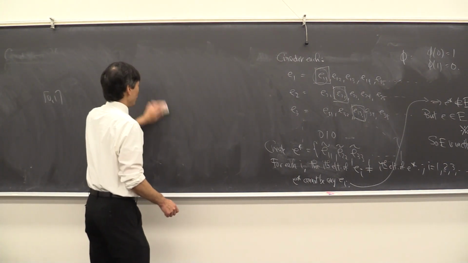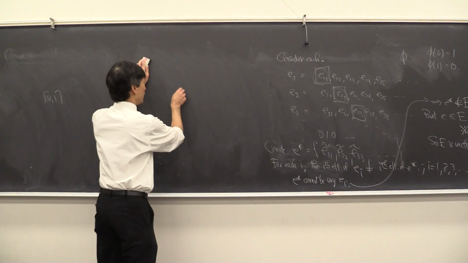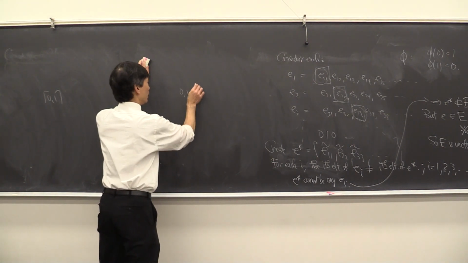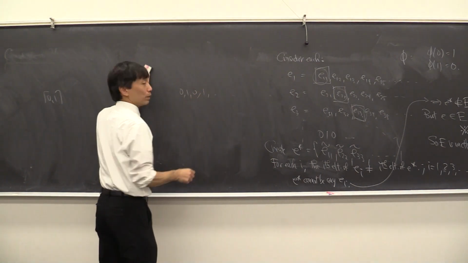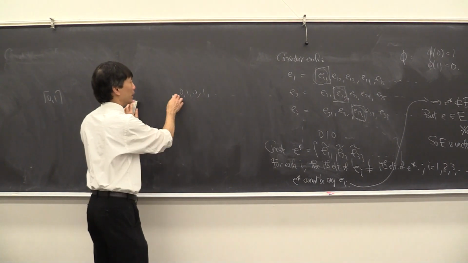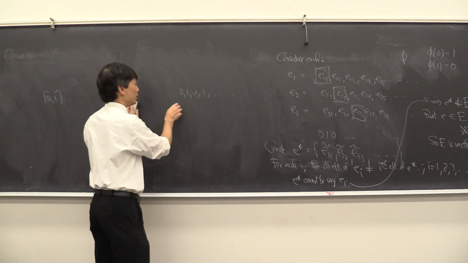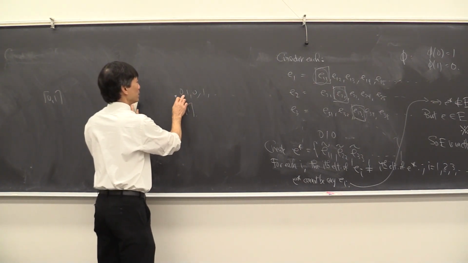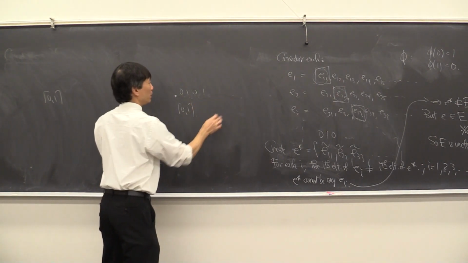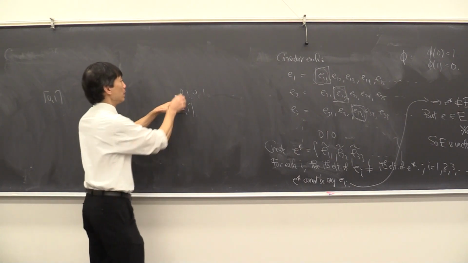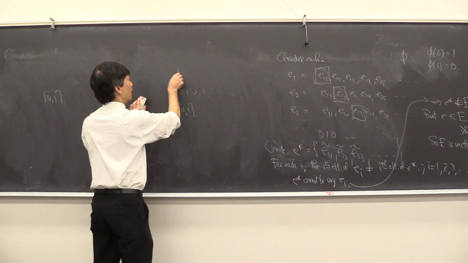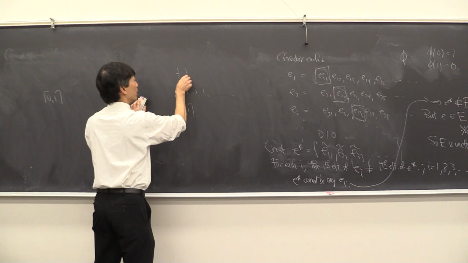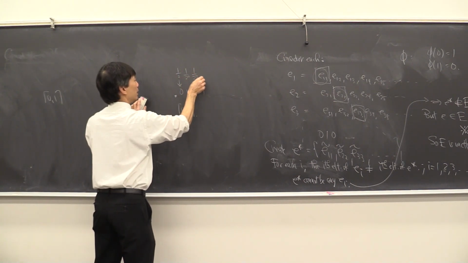A cuter way of thinking about it is that these sequences of zeros and ones you can think of as binary representations of the numbers in 0, 1. Here it's not how many tenths you've got, but how many halves, how many quarters, how many eighths, and so on.